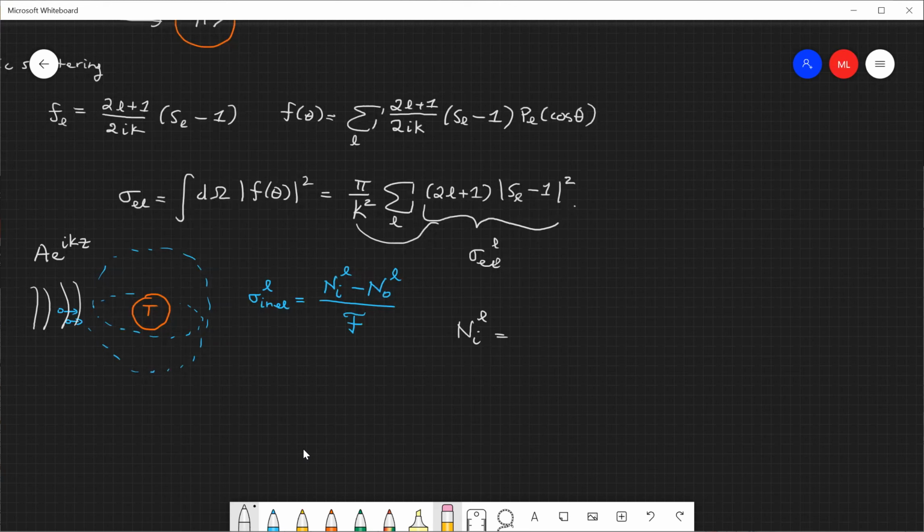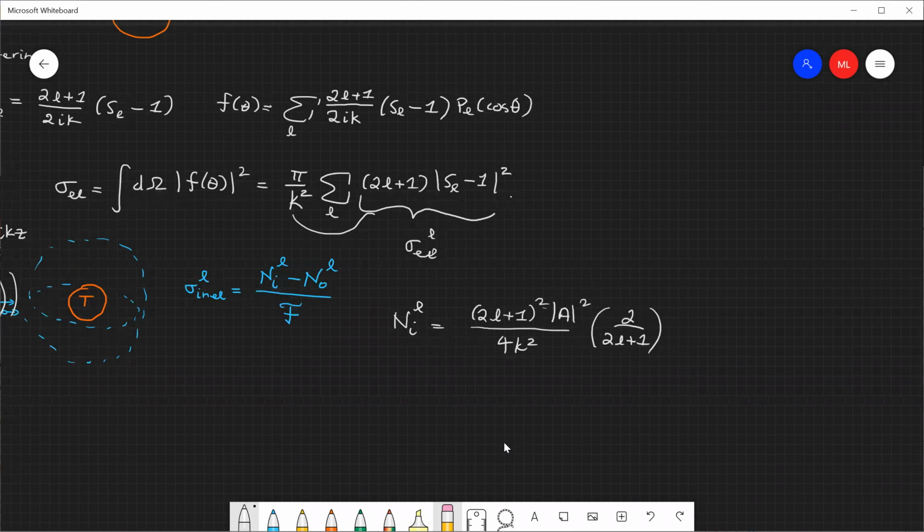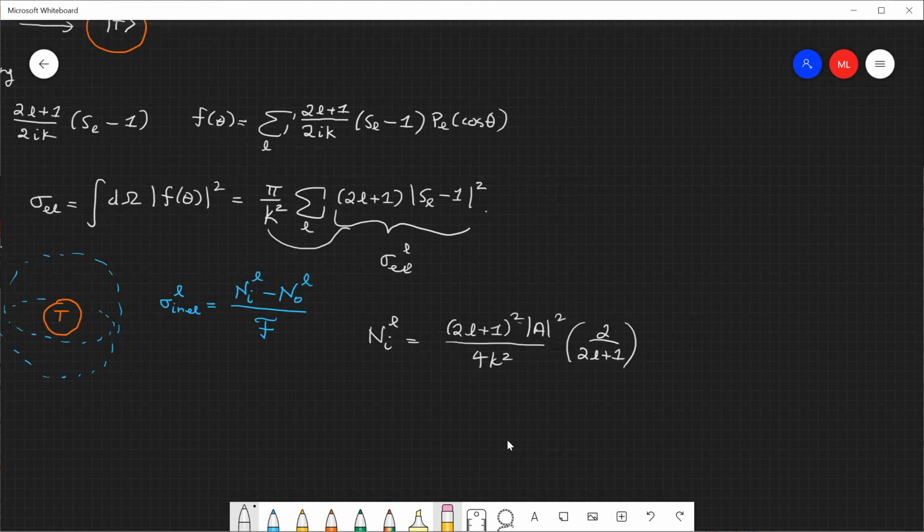And what you get is (2L plus 1) squared magnitude of A squared over 4k squared, with a 2 over 2L plus 1 from the expansion of the exponential in the partial wave. This is the incoming velocity part, and then there's also a 2 pi factor coming from the integration over the phi direction.